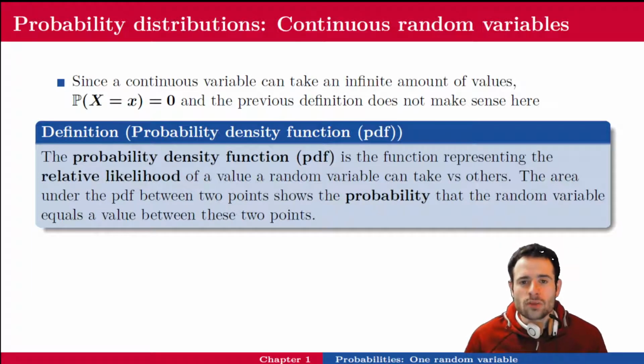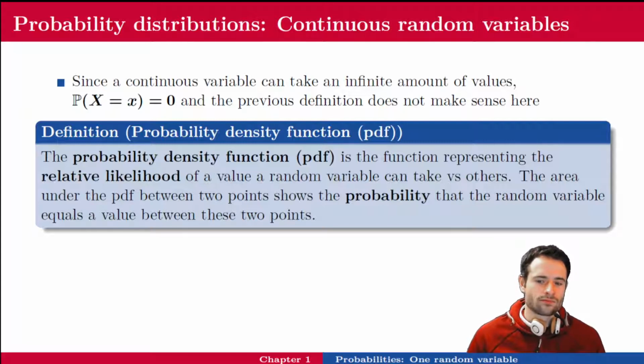Why? Because the majority of the population is around 150 pounds, between, let's say, 120 pounds and 180 pounds. So it's relatively more likely to find somebody at 150 than somebody at 250 or at 40 pounds.